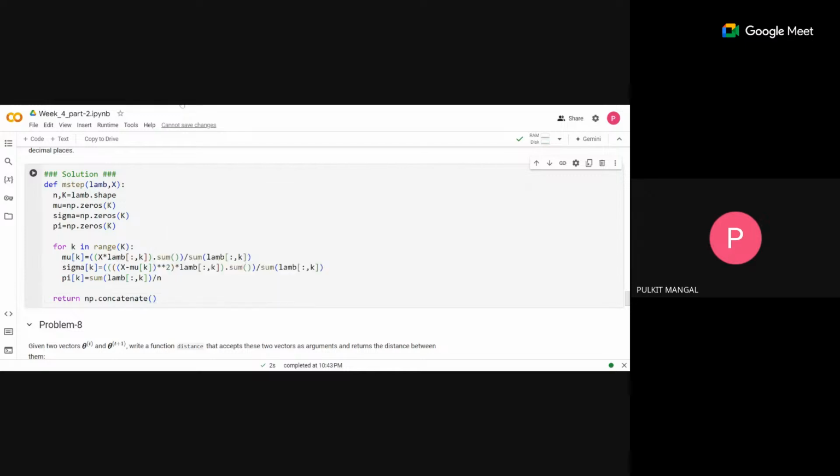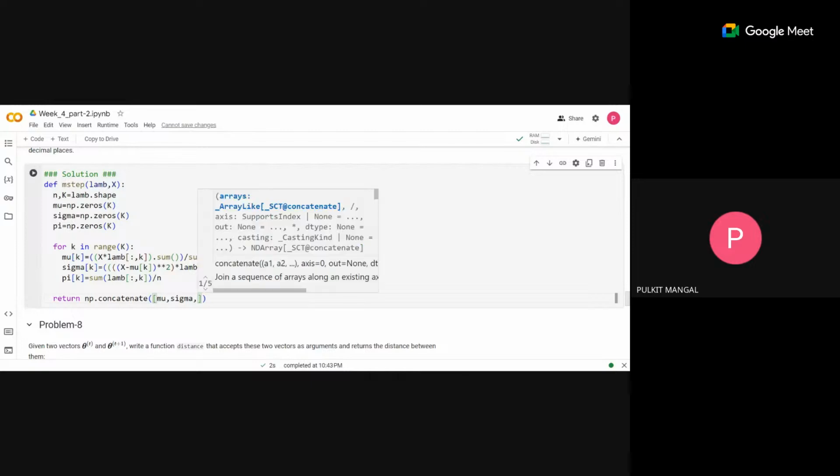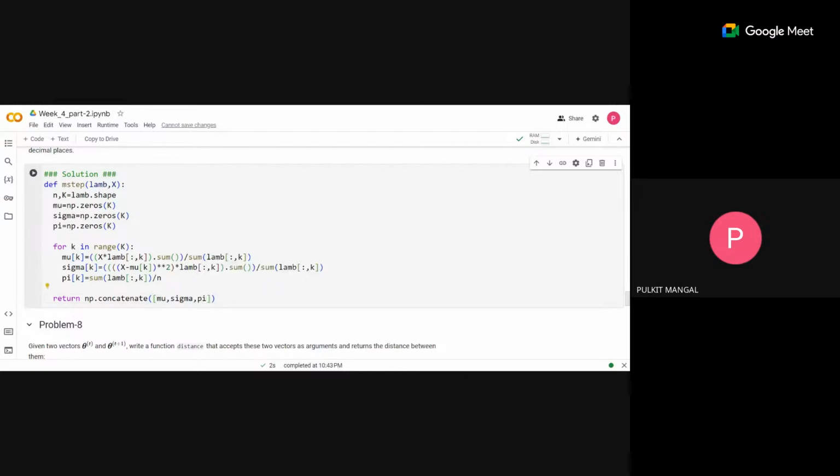We will just pass mu, sigma and pi. Is the M step clear? Good.